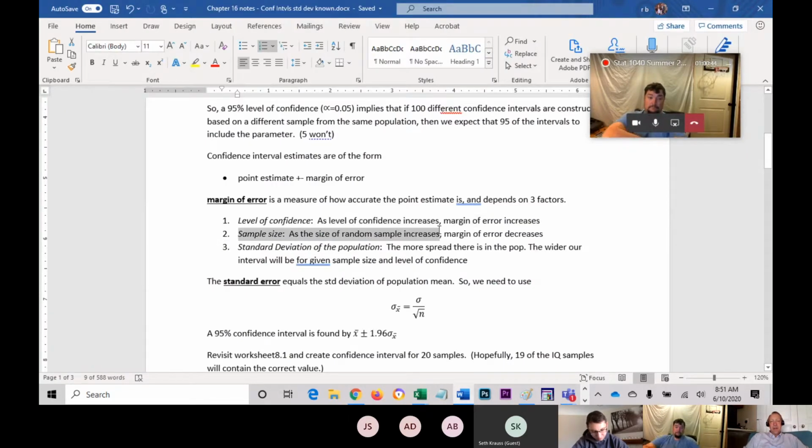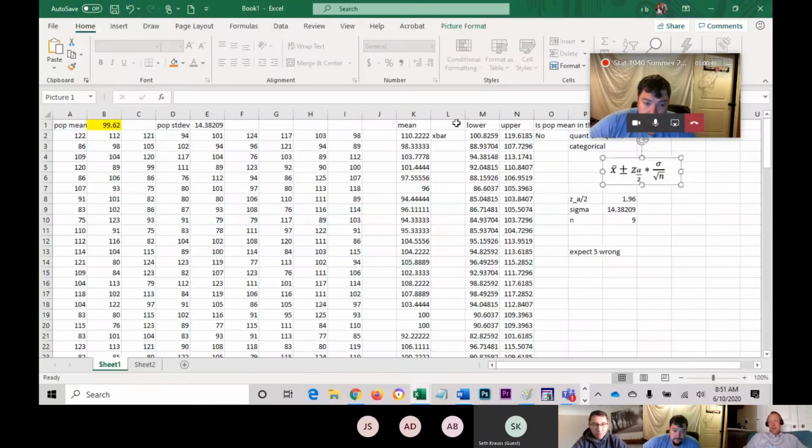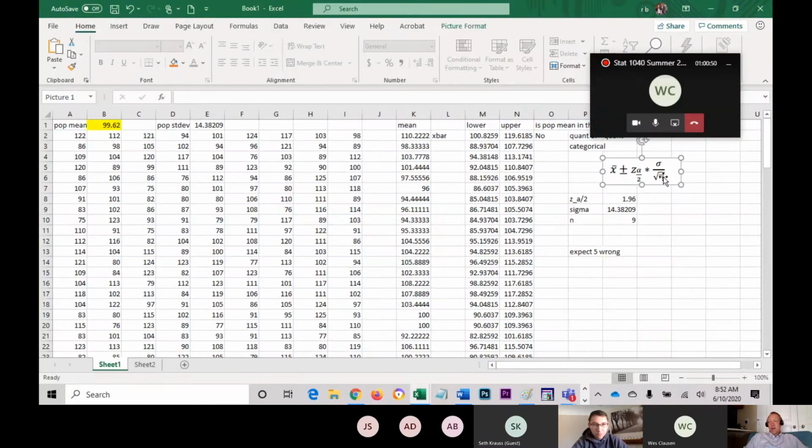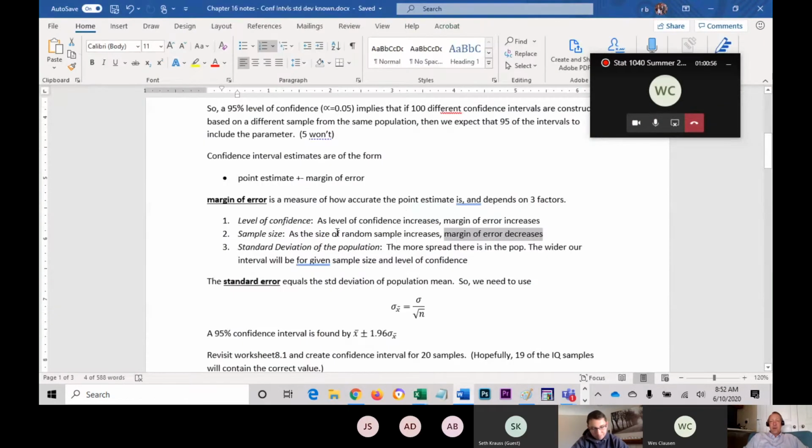As the sample size increases, your margin of error decreases. So when your n gets bigger, it's going to make this whole fraction get smaller, right?